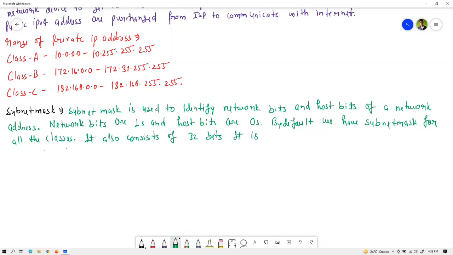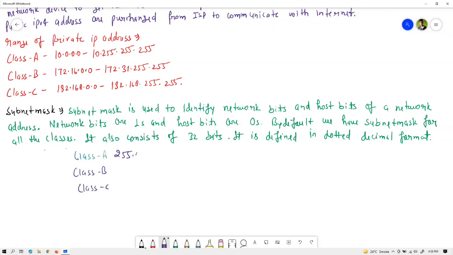It is defined in dotted decimal format. Okay. So for class A, class B, and class C, we have different subnet masks.